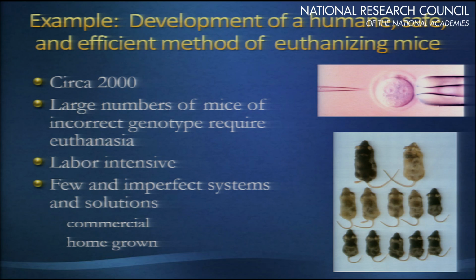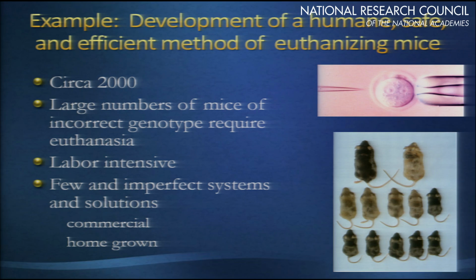Example 2. I'm going to take you back to the early 2000s. At most institutions like ours, the technology for creating genetically engineered animals was well established, and our populations of animals were expanding. And the reality is, many of the animals generated through this process, or when you're intercrossing, are not the correct genotype, and the animals have to be euthanized because of incorrect genotype.